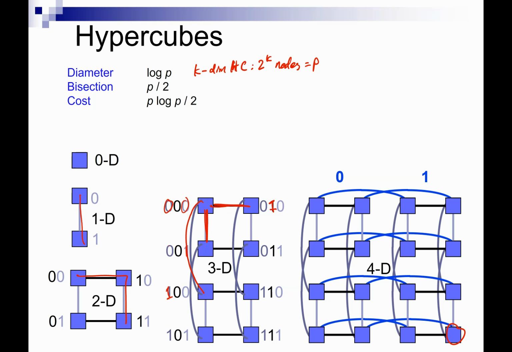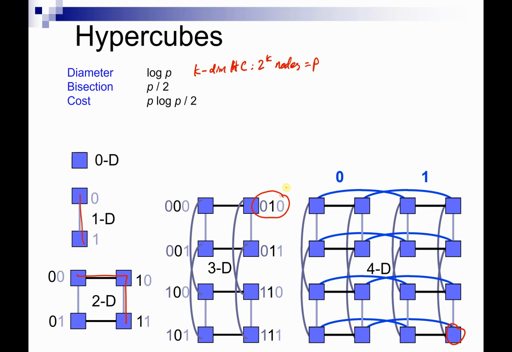So in a hypercube, every node is connected to other nodes. If you have a node which has a certain label in the hypercube, then what other nodes is it connected to? It's connected to every other node whose label differs in 1 bit from this node.